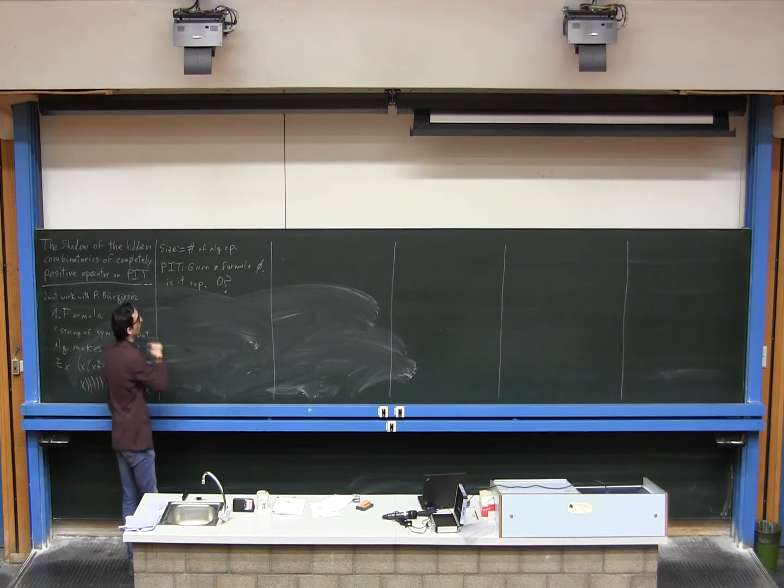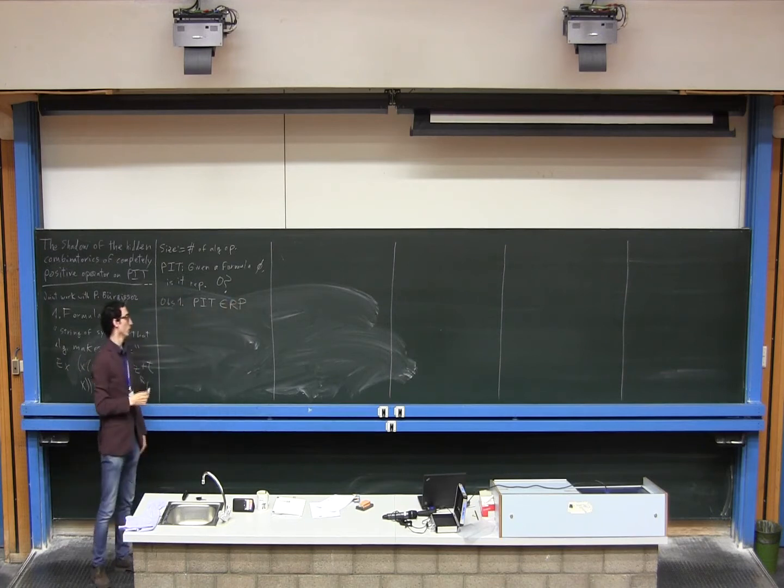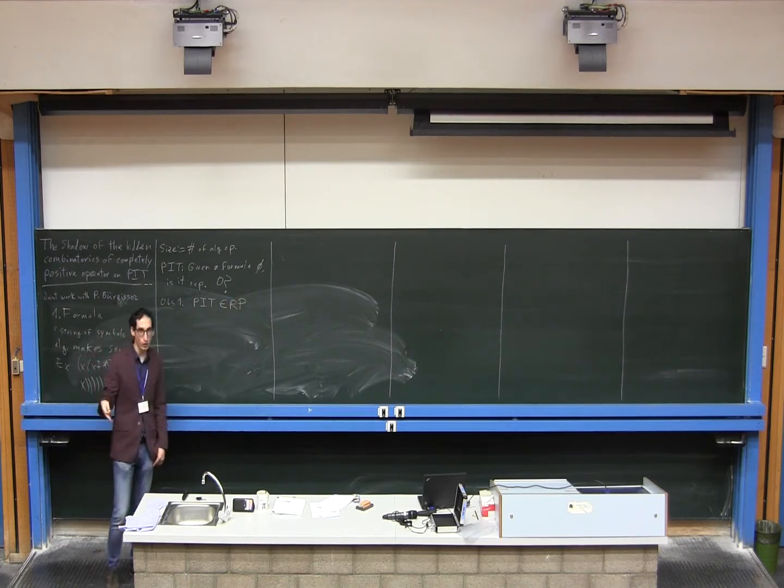The first known observation is that polynomial identity testing is in RP. This means you take a formula, you pick a random point, your favorite random point, and you evaluate. If it is not 0, then you know that the formula was not 0.